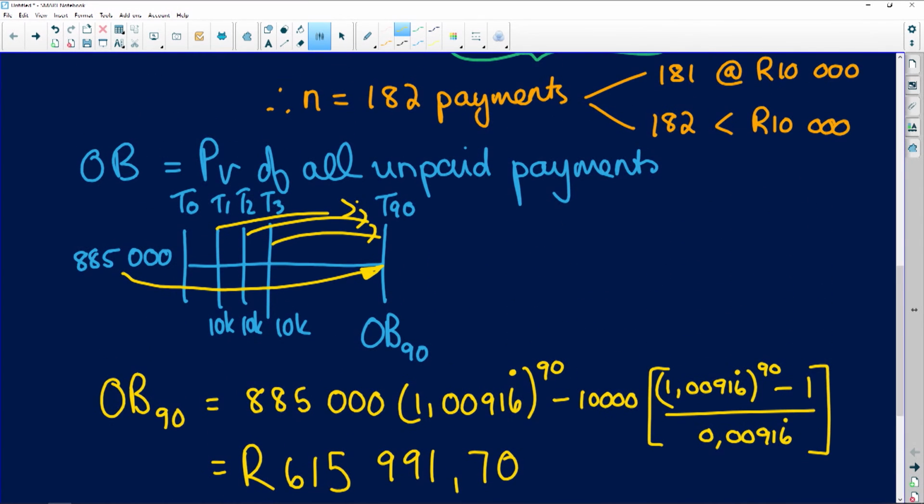So Thabo got into problems here, so our timeline is not over. Let's show what happened. He could not pay the next few payments. The last payment was here. He did not make 91, 92, 93, 94, 95. The first payment again happened at timeline 96.